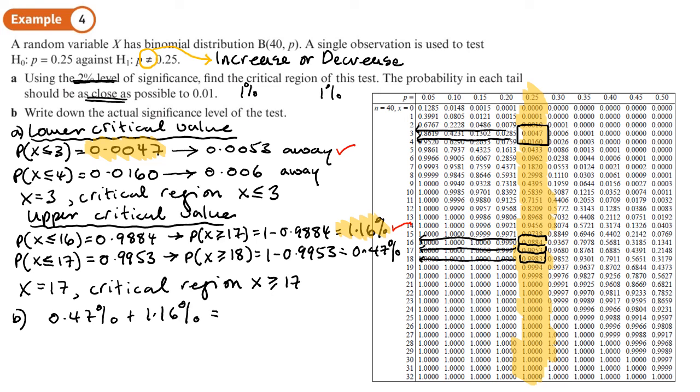If we add those together, we get an actual significance level of 1.63%, which is actually the same answer that's in the book. So there's been a mistake somewhere, but the actual significance level I got basically by adding those two percentages together.